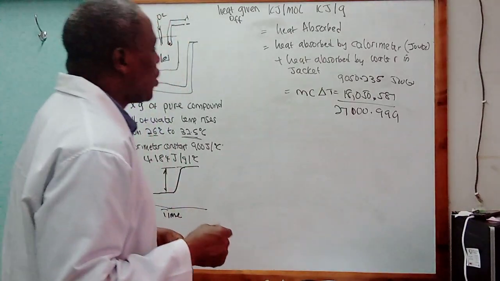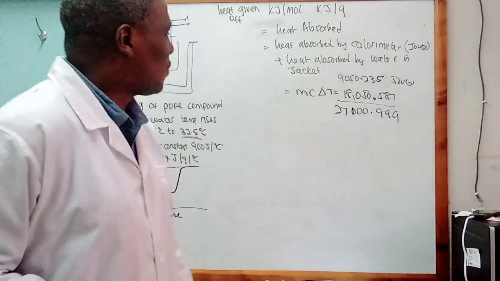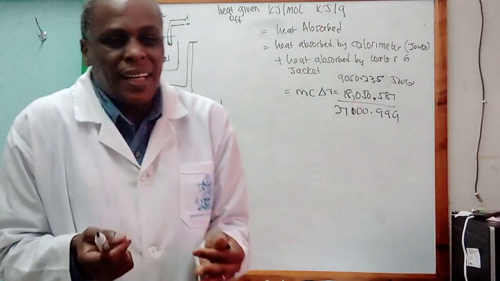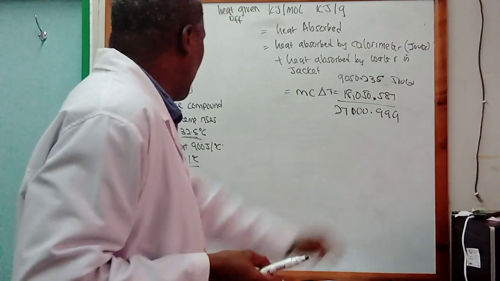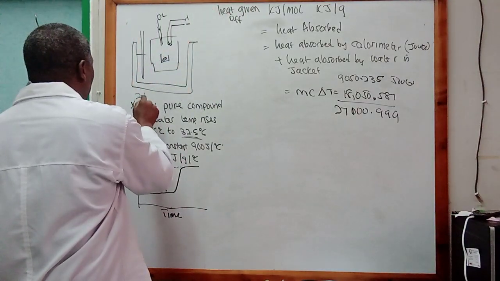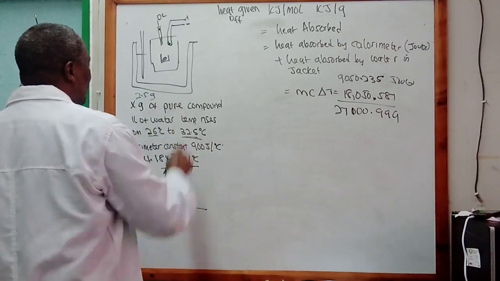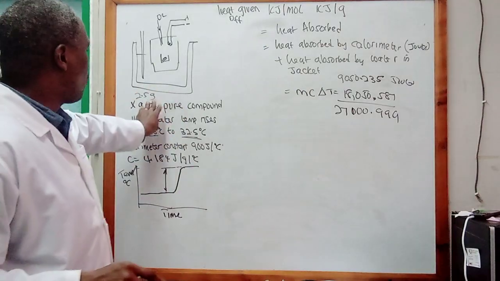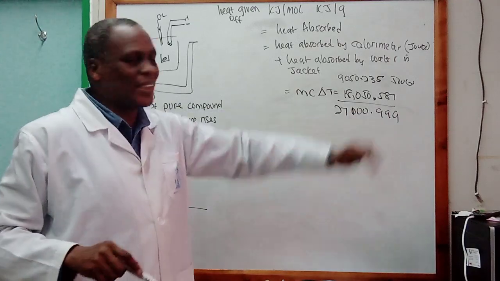And then now you're just going to say this energy, which is what has been given off, has been given off by maybe 2.5 grams of the pure compound. It gives that energy.